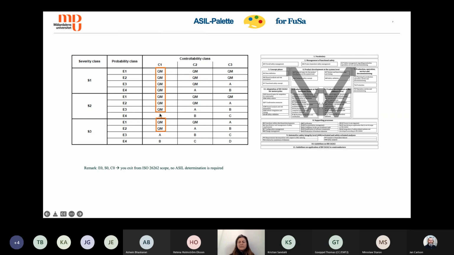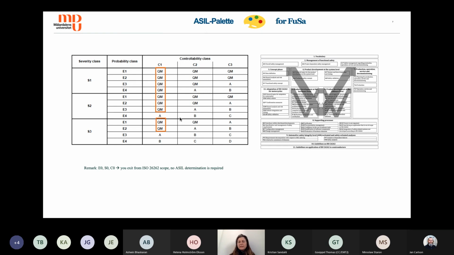And also in this case, you exit from the scope of ISO 26262, and you will consider other requirements related to quality management. So it is really important, and this is also important for severity and exposure, but quite delicate. So it is really important which is the value that you assign to those attributes.